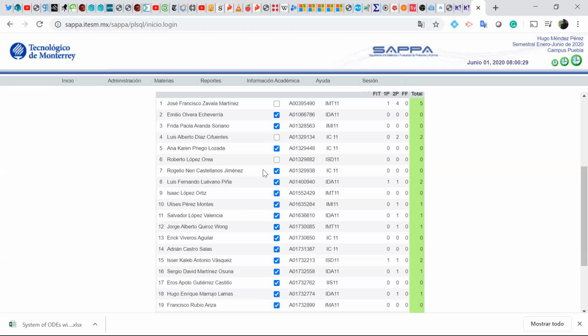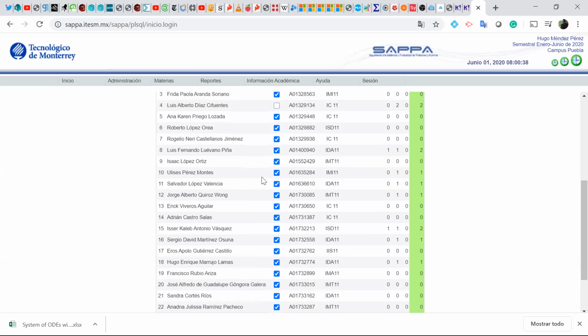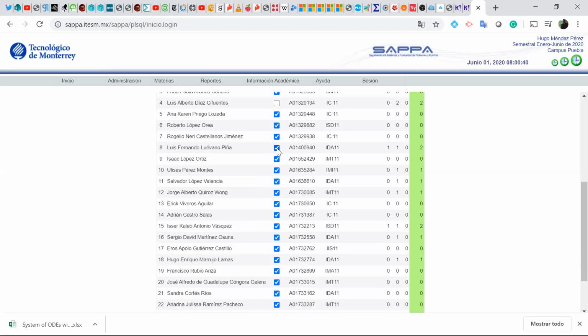Rogelio Neri. Here, teacher. Thank you. Luis Fernando Luébano. Isaac López. Here. Ulises Pérez. Aquí estoy yo, se me trabó el micrófono. Okay. Salvador López.